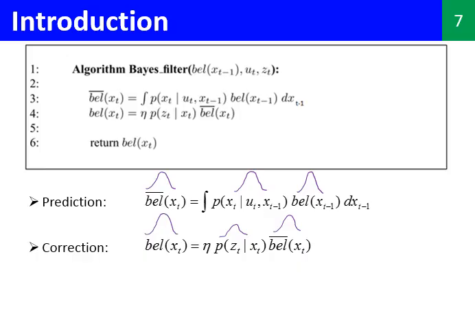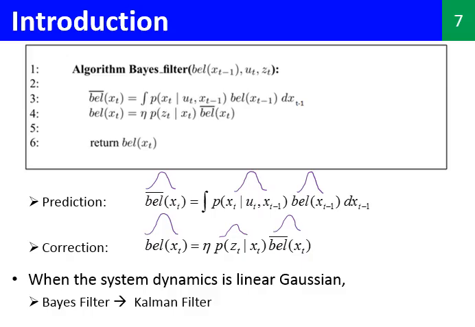So the idea of the Kalman filter is simple as that, even though the derivation is a little bit involved. Basically, when the system dynamics is linear Gaussian, we can transform the Bayes filter to the Kalman filter.